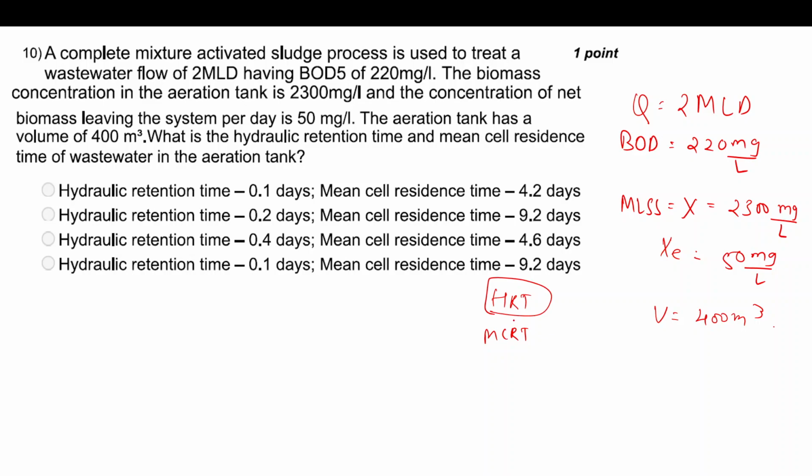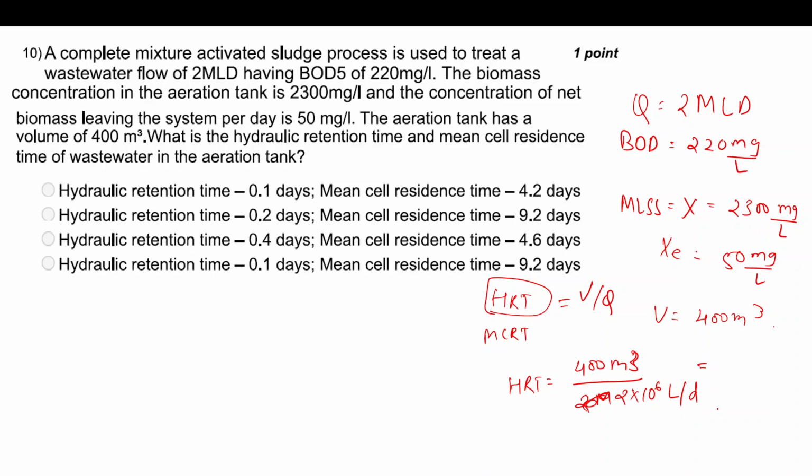HRT has a very basic formula we have used many times. So please tell me what should be the formula. V by Q. Yeah, so HRT is very simple, V by Q, and we know everything directly. We just need to put the values of V and Q. V is 400 meter cube, it is given. And Q is 2 MLD, million liter per day, so 2 into 10 to the power 6 liters per day.